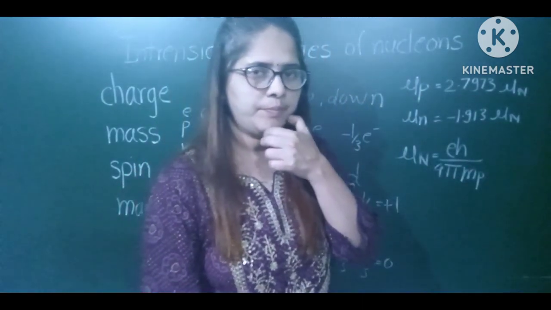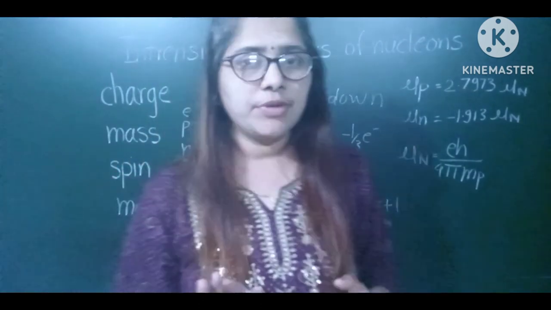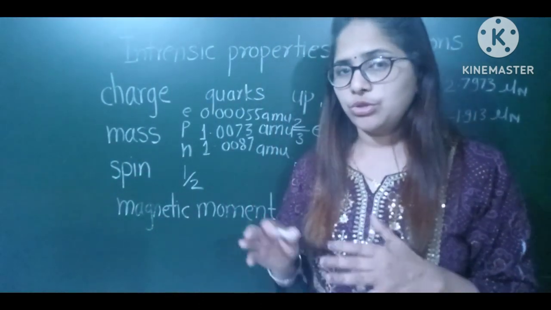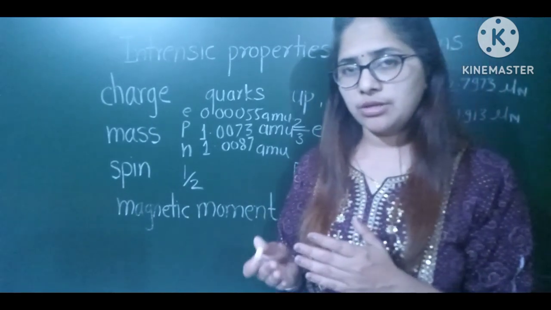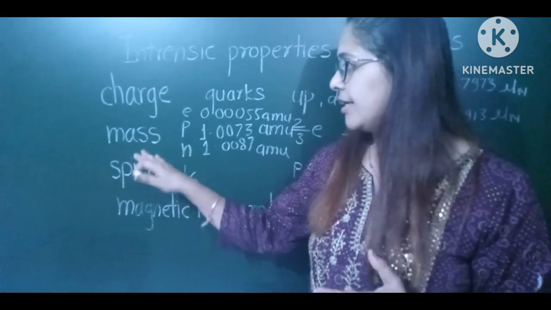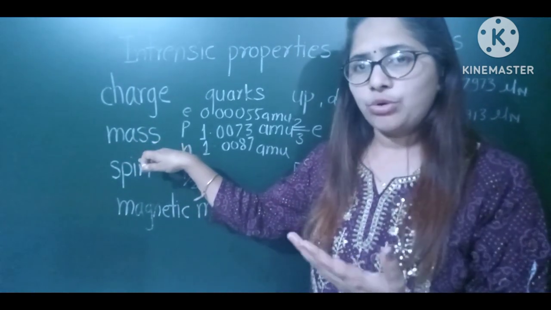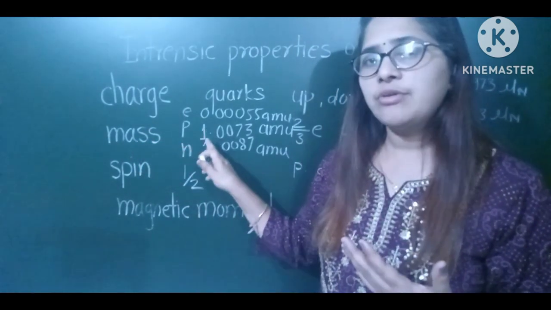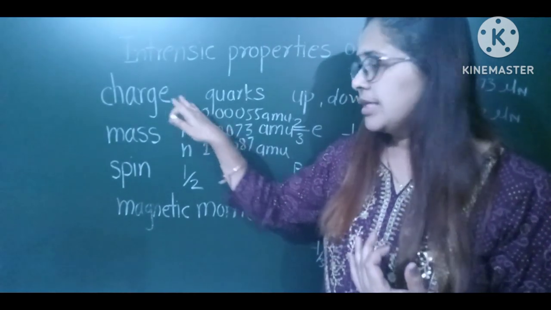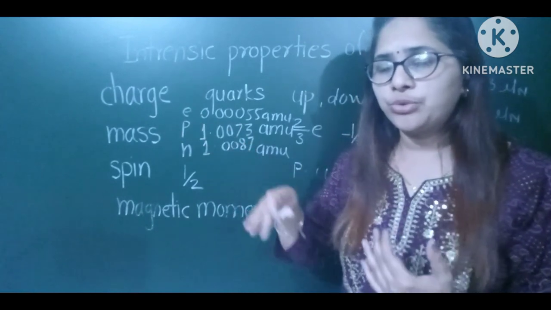Today we have seen the intrinsic properties of the nucleons. The nucleons are nothing but the protons and the neutrons; they are collectively called nucleons. Generally we take the mass of the proton and the neutron as nearly 1 AMU, which is much heavier than the electron.